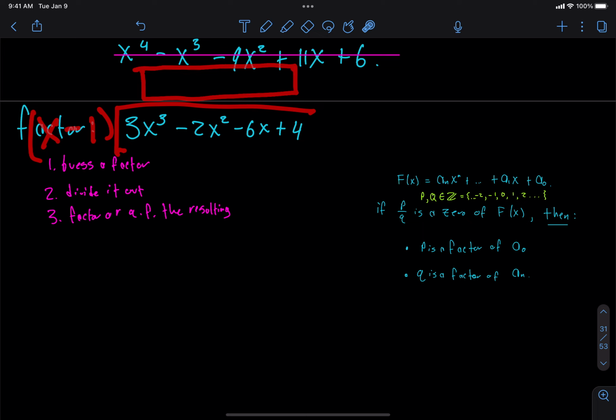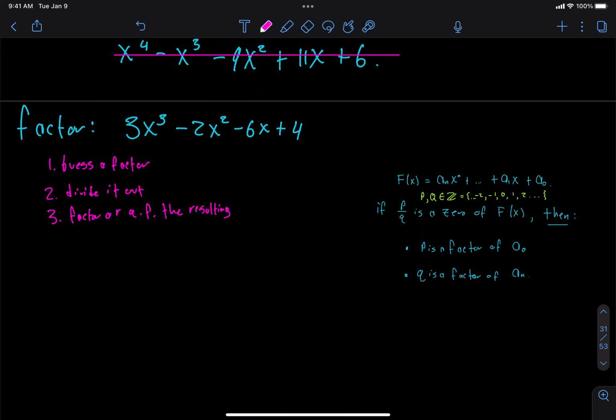If I divide a cubic by a linear, what kind of result? A quadratic. The power will be reduced by 1. So I will use factoring or the quadratic formula on the resulting quadratic expression. Okay? So this is our goal.